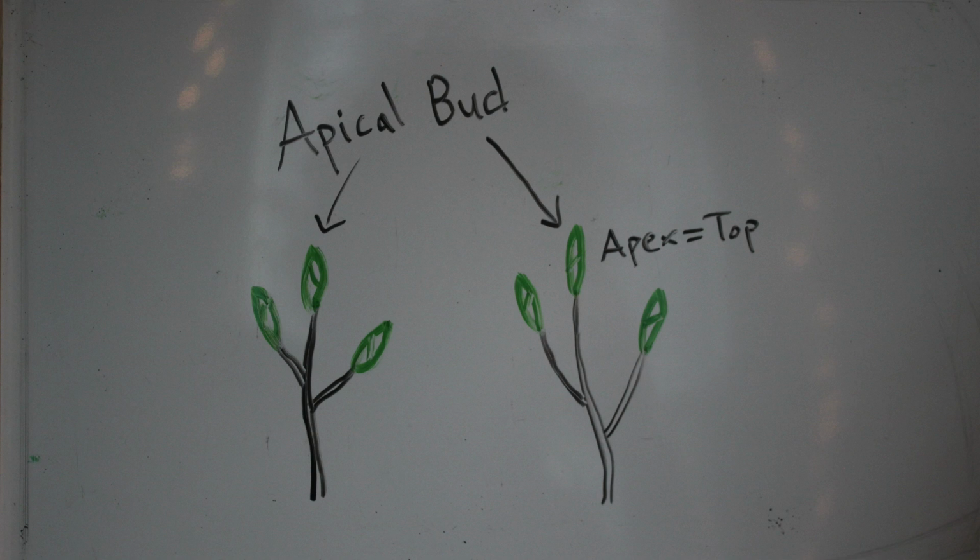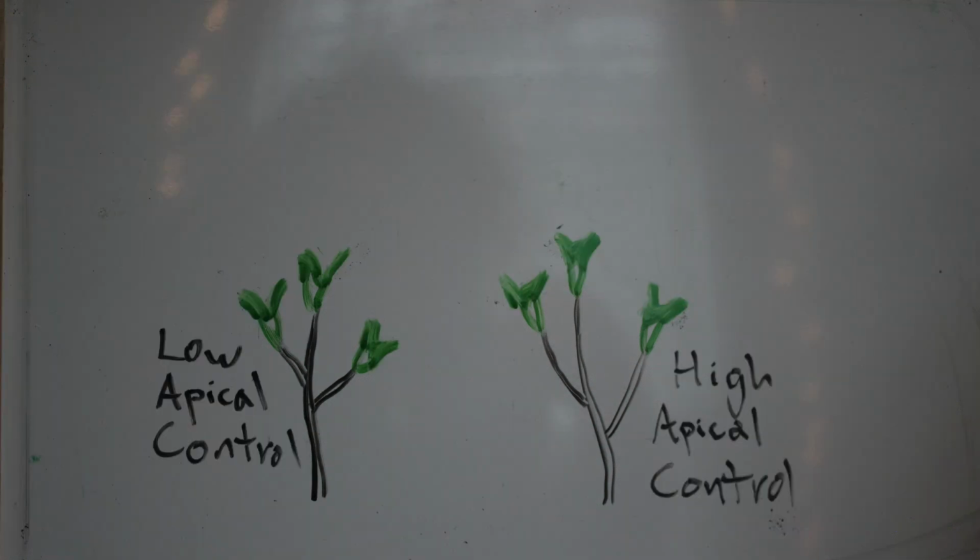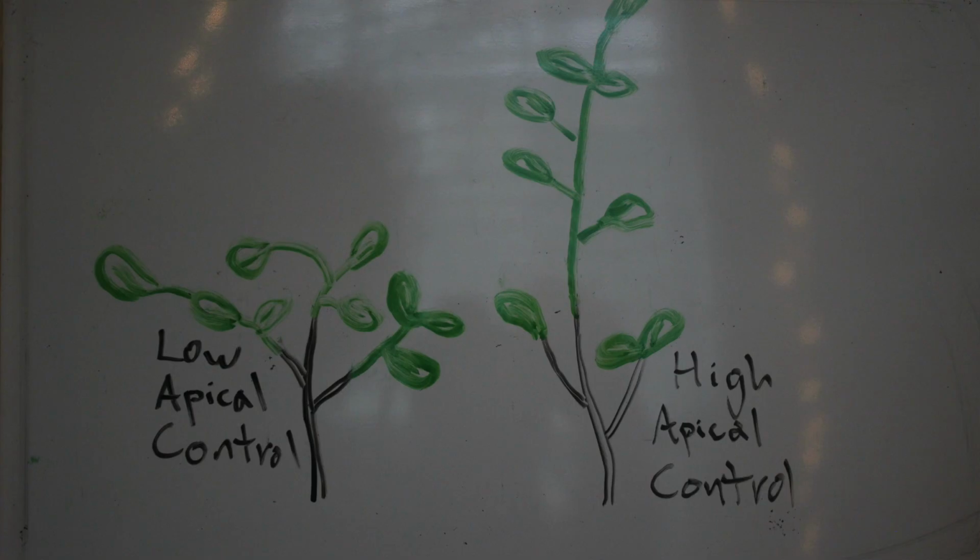Now, when that bud opens and sends out new growth each spring, if this bud has what we call high apical control, that apical bud will break open and send growth straight up towards the sky. If it has low apical control, that bud might break open and shoot off new growth sideways or downwards, kind of in any direction.